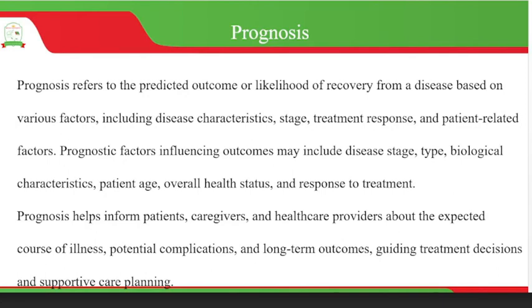So as we said, prognosis refers to the prediction or predicted outcome or likelihood of recovery from the disease based on various factors, including disease characteristics, stage, treatment response, and patient-related factors. So the predicted outcome is how the patient is responding, or how the patient is likely to respond today after treatment, or tomorrow, or after 1 week, or after 3 months.